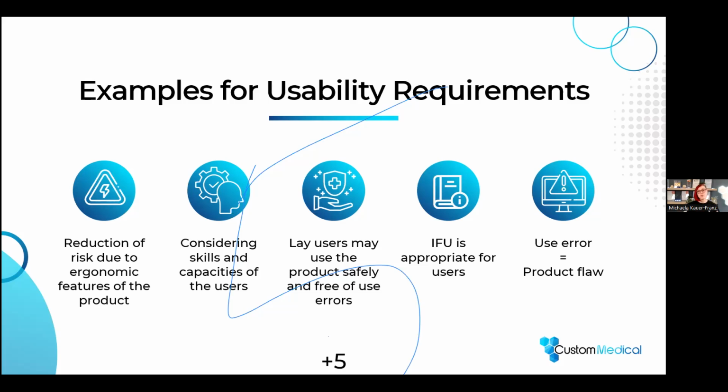And actually, if you can't show that you followed a usability process, there can be problems afterwards, because depending on your work as a manufacturer, a use error can be a product flaw. So it's really important to make sure that you can show your efforts in usability engineering.